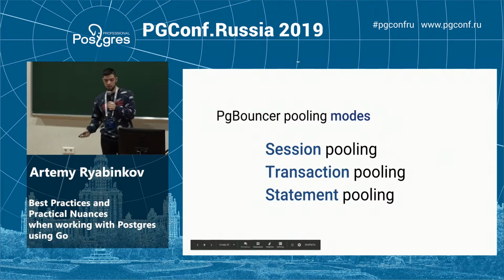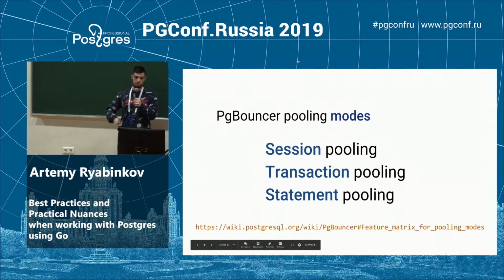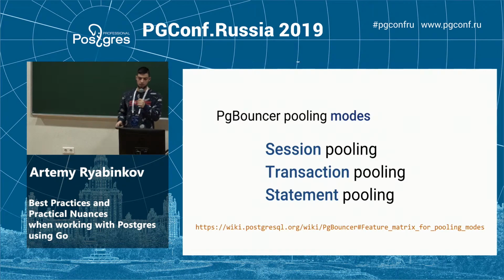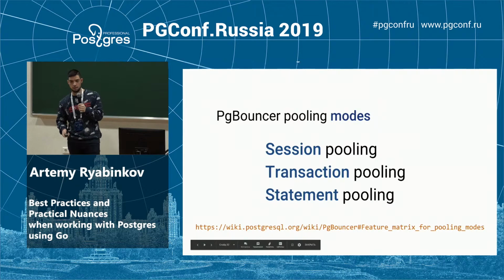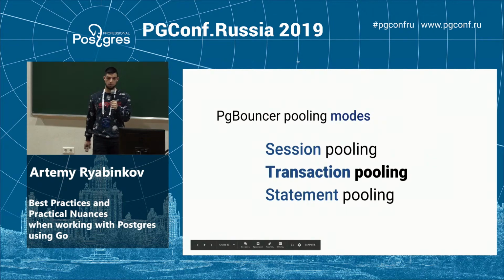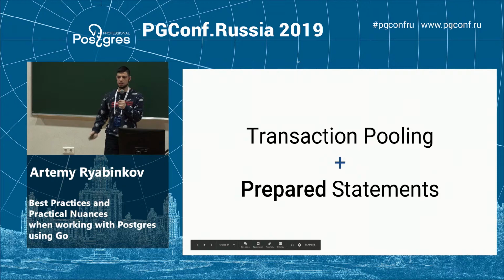Statement pool, actually it wasn't necessary to use it and we don't need it now. Well, actually you can read about the features that can be used for various types of poolings. You can follow this link and we select transaction pooling. Why? We want to consume connection efficiently, but here there are some subtleties related to prepared statements.